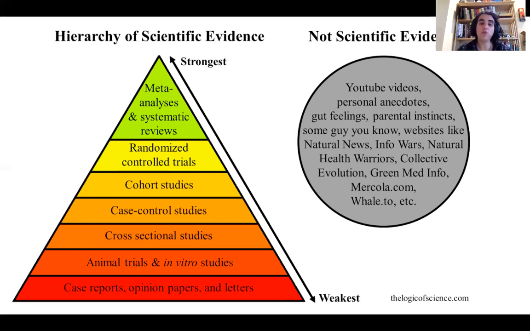And those are the most convincing because they're looking at more data and they allow you to get some information about the strengths and flaws of different types of studies and start to look for a consensus among all of them. And then over here are a bunch of things that this person wrote down that are just not convincing at all.